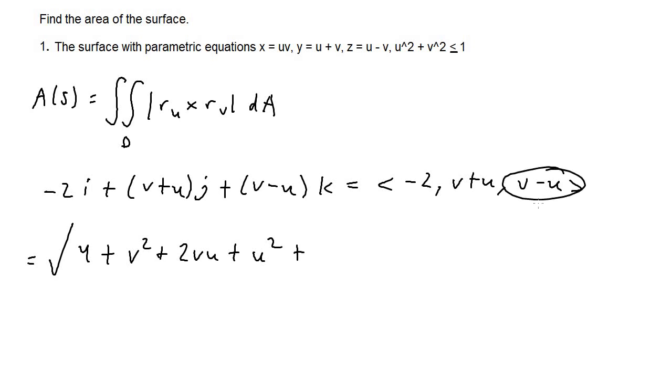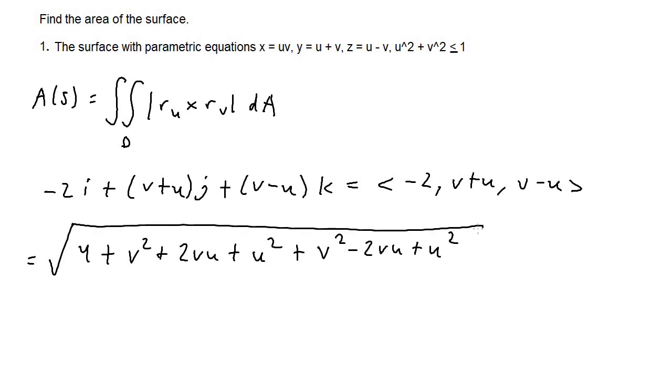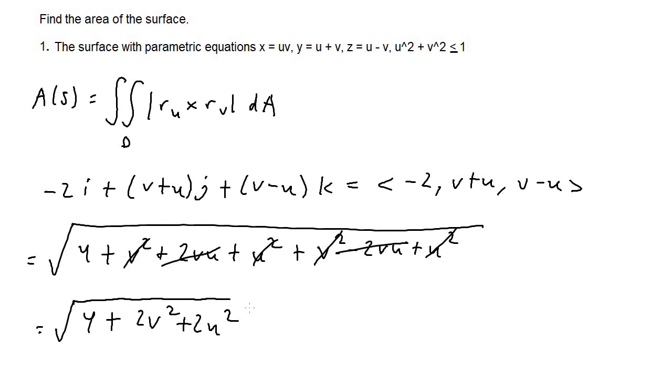So if we square v minus u, we can FOIL it, and we'll get v squared minus 2vu, and then plus u squared. So now we can go ahead and simplify. So 2vu minus 2vu will cancel, and so we're left with the square root of 4 plus, now v squared plus v squared is 2v squared, and then u squared plus u squared is 2u squared. So the square root of 4 plus 2v squared plus 2u squared is what we're left with.